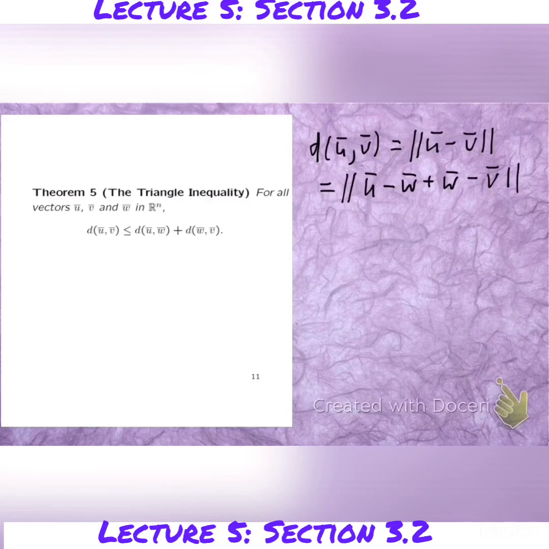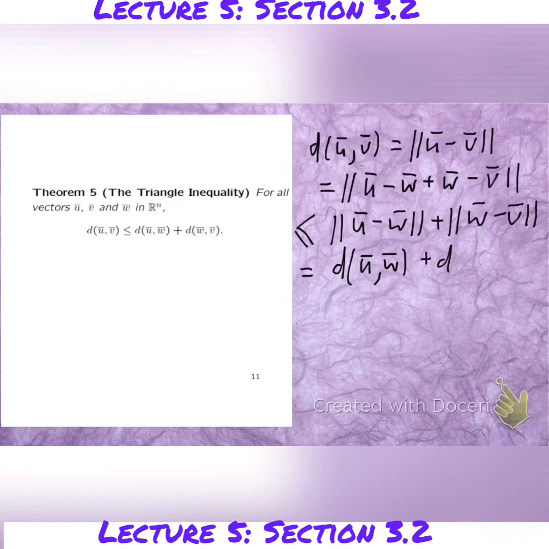Now it's just a straightforward application of the triangle inequality, because according to the triangle inequality, this is at most this plus this. And that is equal to the distance between the vectors u and w plus the distance between the vectors w and v. So that is a straightforward application of the norm triangle inequality.